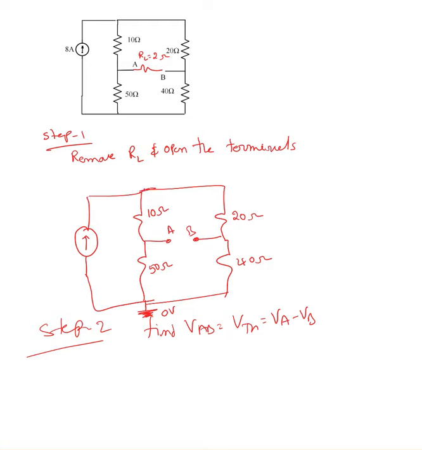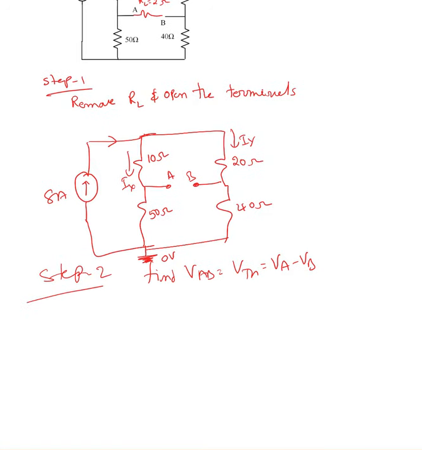So can I use the current division rule? So here is 8 amperes. 8 ampere is going to come over here. Now I'm going to use the current division rule. So let me take this as IX and current here is IY. So based on the current division rule, I mean these two are in series 60 ohm, these two are in series 60 ohm. So current is going to divide equally since both resistors are equal.